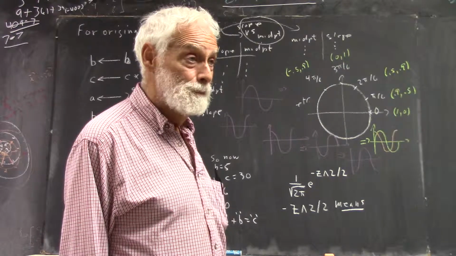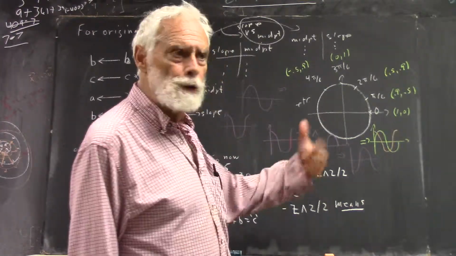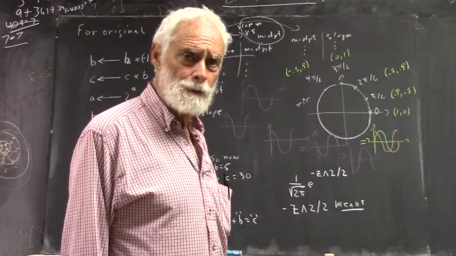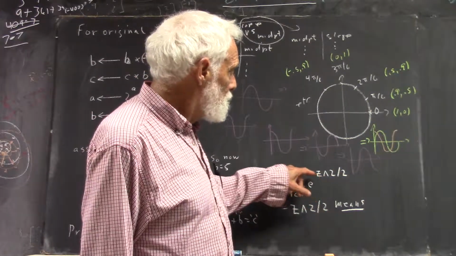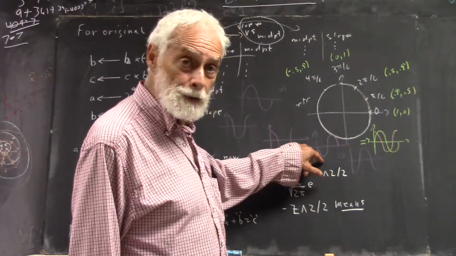Okay? But if you square negative z, you're always going to get a positive, and you're going to get a bad result. Okay? So you'd have a negative number here that you divide by 2, and now e is raised to that power, right?